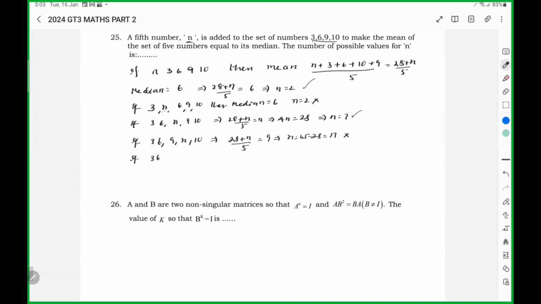If 3, 6, 9, 10, n are there, in this case, we get n as 17. So it's a right choice. So 1, 2, and 3. So the answer: there are 3 possibilities.